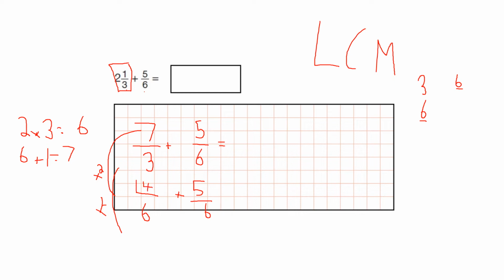And now that I've got my two fractions with the same denominator, I can add up. So my 6 remains the same, and 14 add 5 is 19. I can leave that as an improper fraction because I know that 19 divided by 6 would not leave me with a whole number.